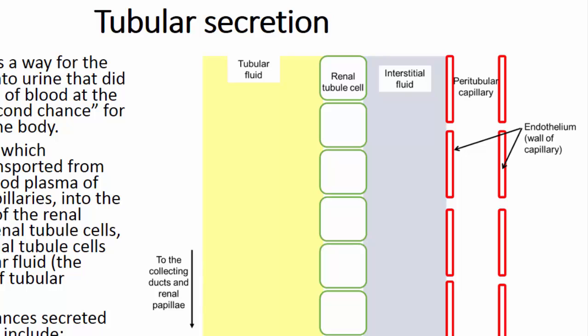This is a process in which substances will be transported from the peritubular blood plasma into the extracellular fluid, or if you will, interstitial fluid, then into a renal tubule cell, then out of the renal tubule cell into the tubular fluid. So it's the reverse direction of tubular reabsorption. Okay?